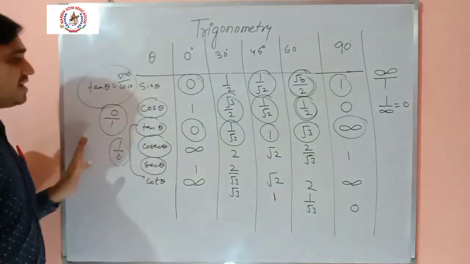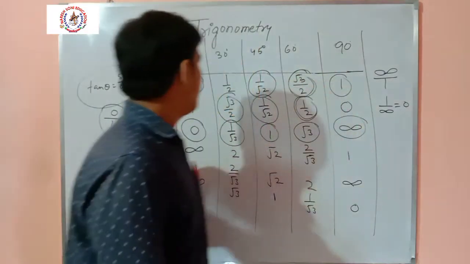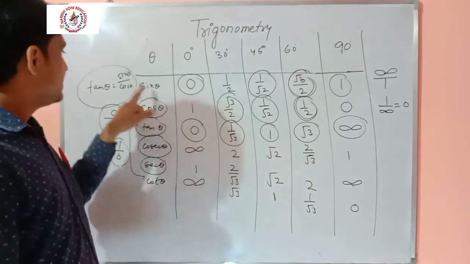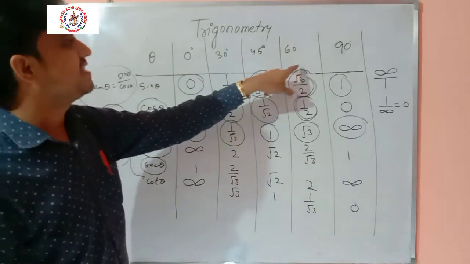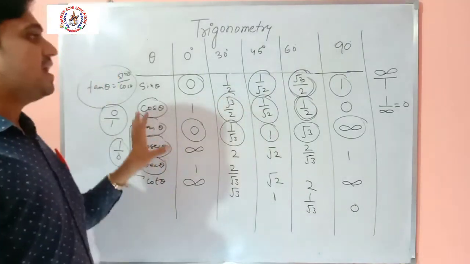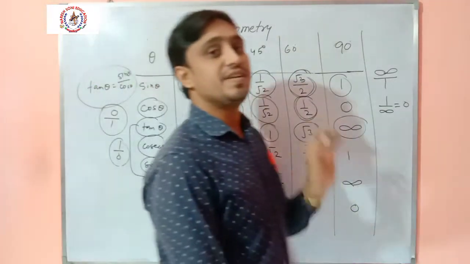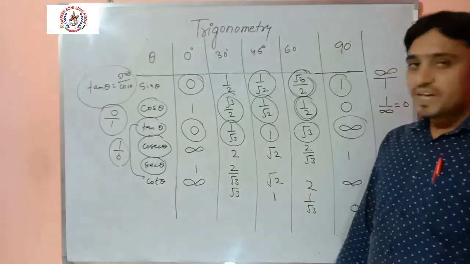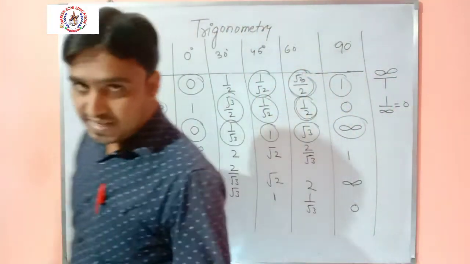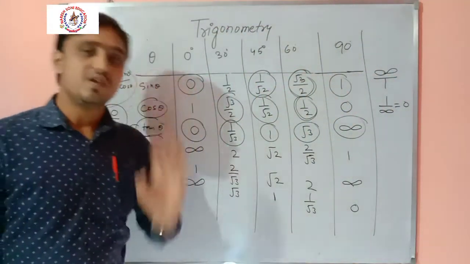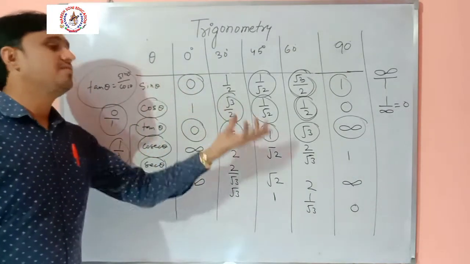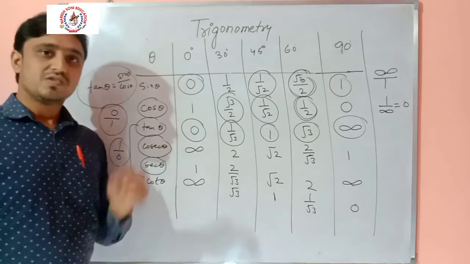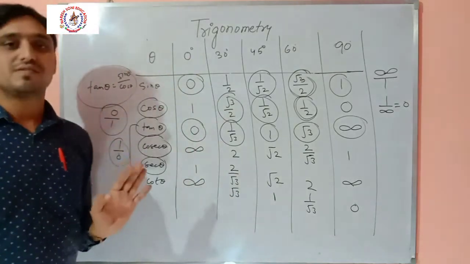Understood? So these are the values of what? Sine 0 degree, 30 degree, 45 degree, 60 degree, 90 degree. These are some specific trigonometric ratios. Okay, you have to keep these trigonometric values in mind. I have taught you how you can find the trigonometric values by yourself, so you don't need to memorize these values.